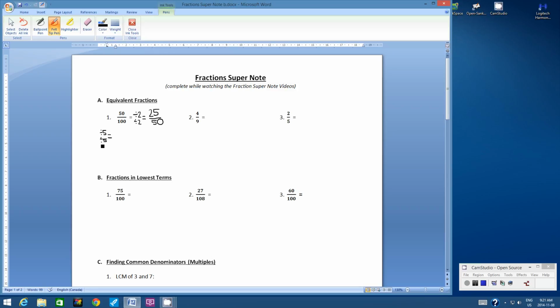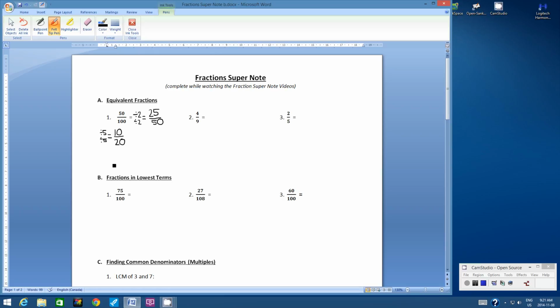Remembering the rule that what we do to the numerator, we also have to do to the denominator. So 50 divided by 5 is 10. And 100 divided by 5 is 20. So we have another example of an equivalent fraction to 50 over 100.